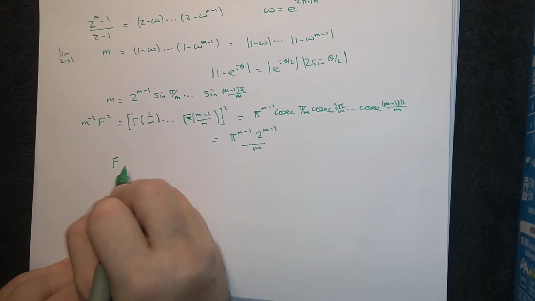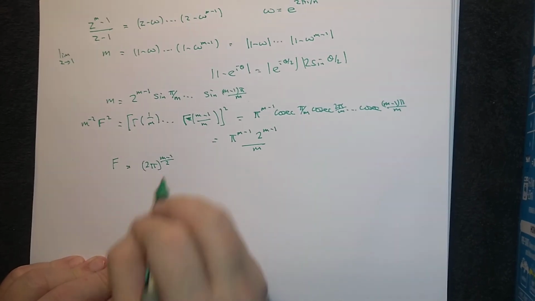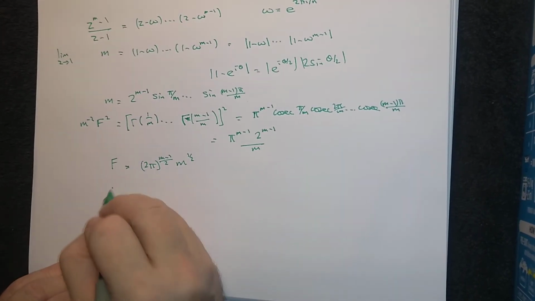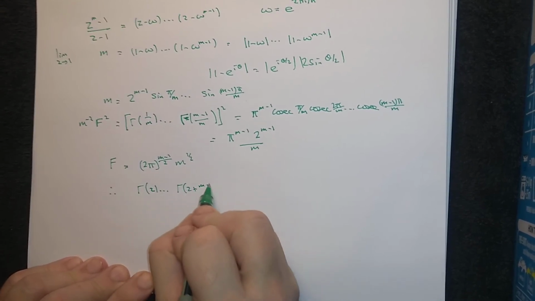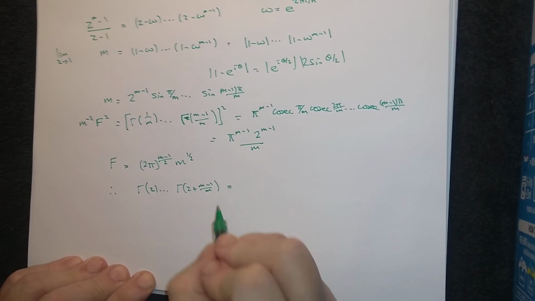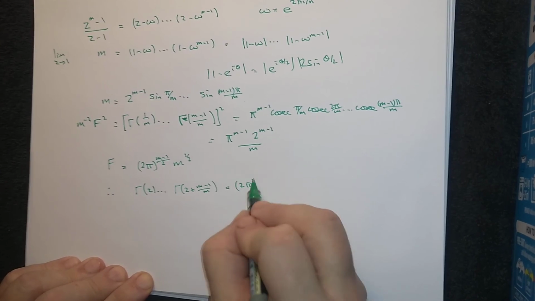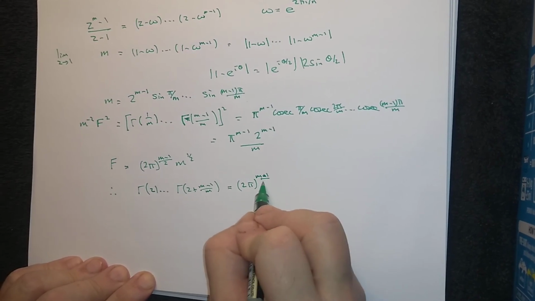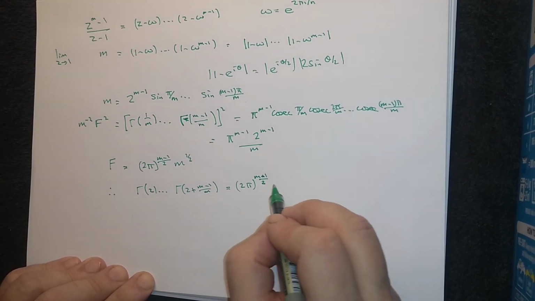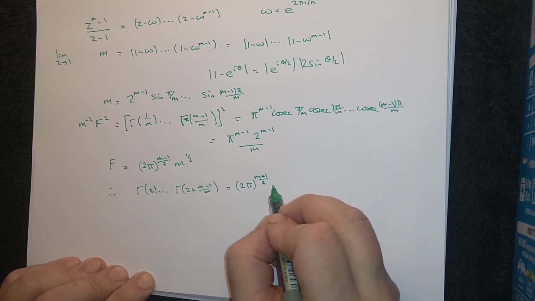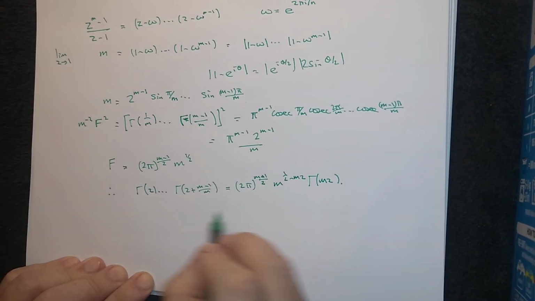So f is 2 pi to the n minus 1 over 2 m to the half, and therefore gamma z plus m minus 1 over m is 2 pi to the n minus 1 over 2 times m to the half minus mz gamma mz again, which is the Gauss multiplication formula.